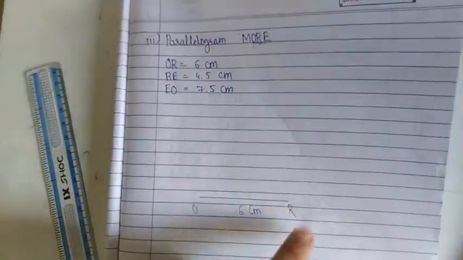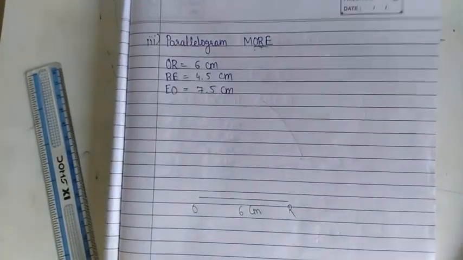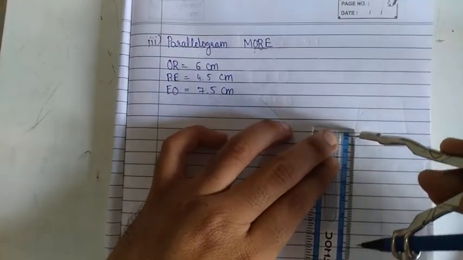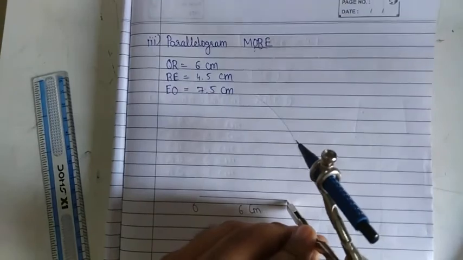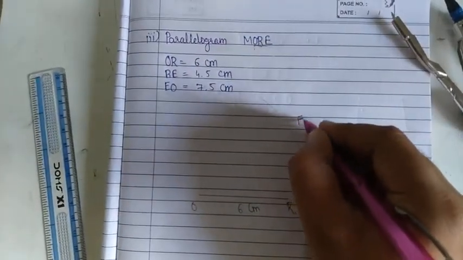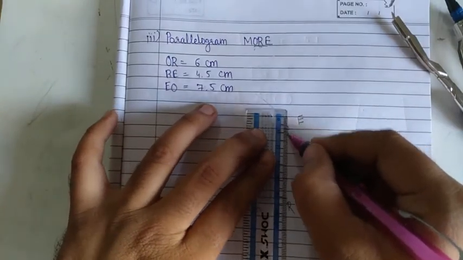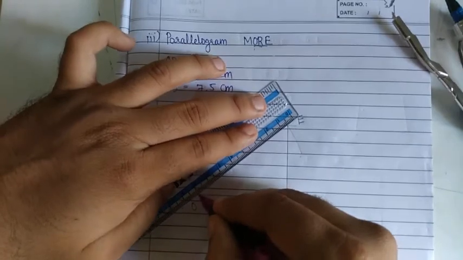Now RE is given 4.5. So you take the measurement of 4.5 and draw the arc, R as a center. Whenever both arcs intersect, give the name E. So it's ready now. Connect RE and OE.